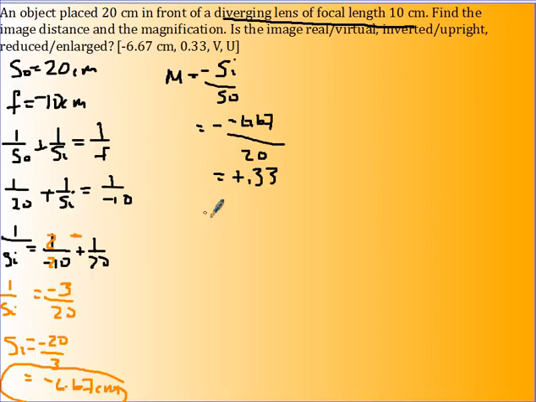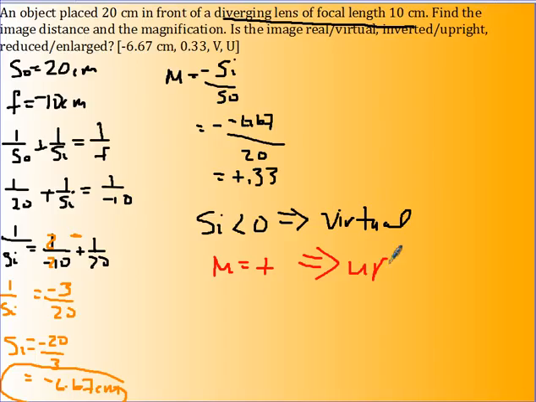SI is negative, and that tells me we have a virtual image. What else do we know? The magnification is positive, so that tells me it's upright. And finally, I know the magnification is 0.33, which is less than 1, so it is reduced.